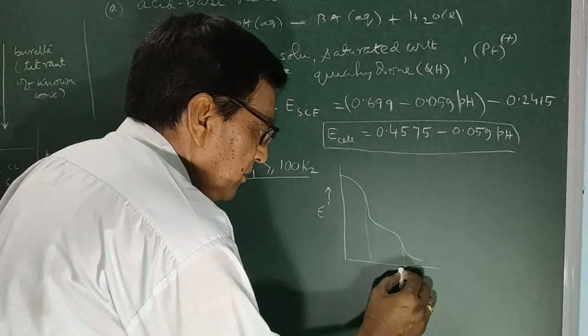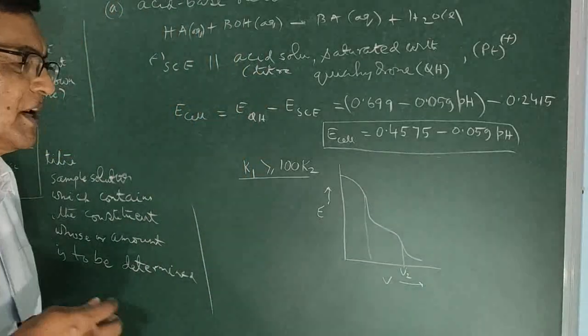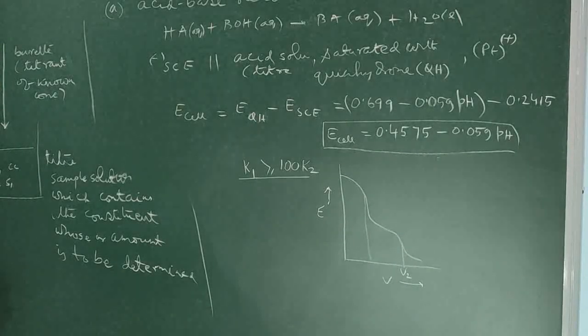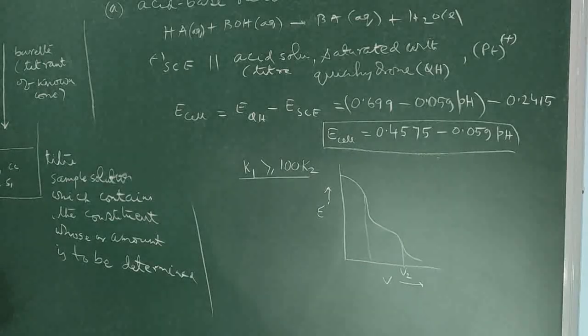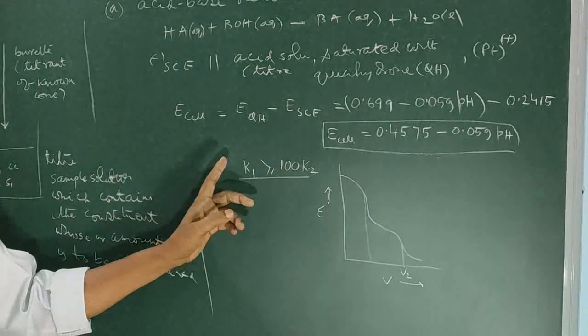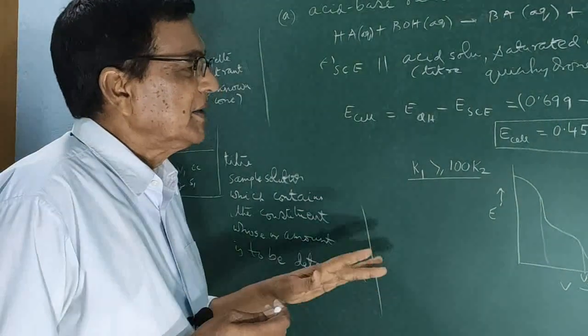Here V2 is the volume of alkali required to completely neutralize this oxalic acid. And from this curve, as before, we can also determine K1 and pK1 and pK2 of this oxalic acid.